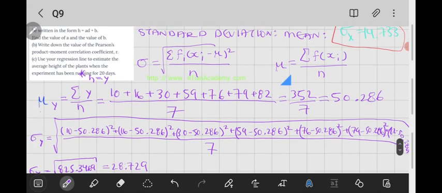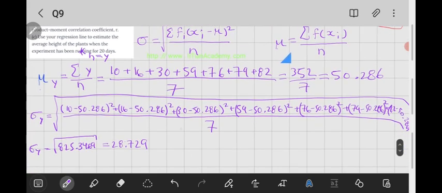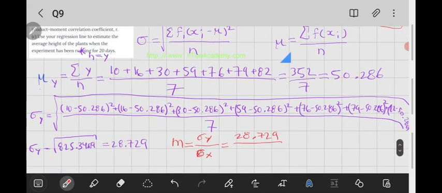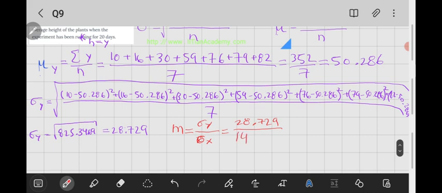And now, as I mentioned before, to find the slope, let's call the slope m. It is the standard deviation of y divided by the standard deviation of x, that is a sigma, just so you know, which will be 28.729 divided by 14.733.